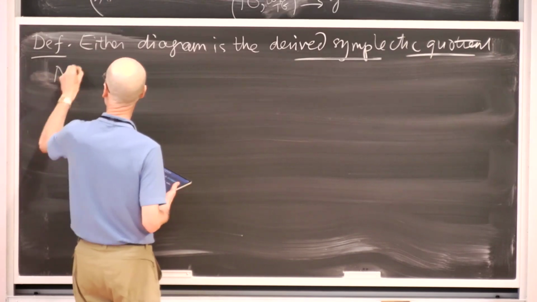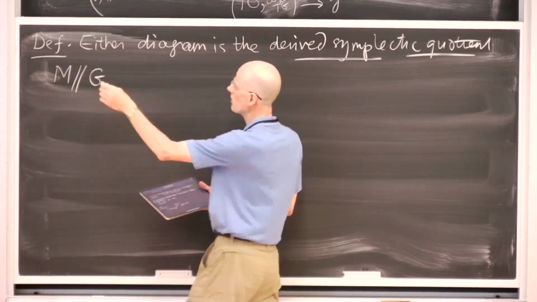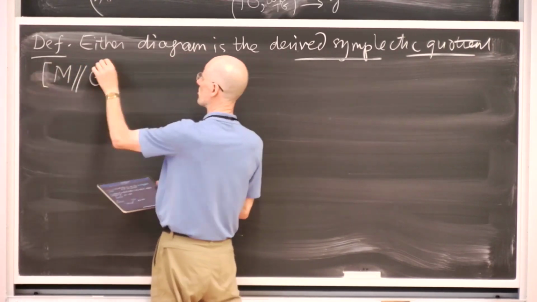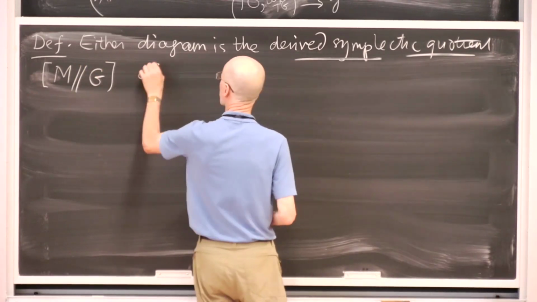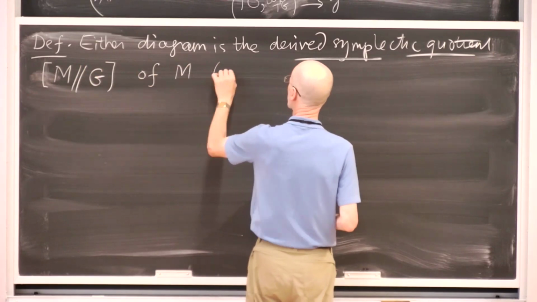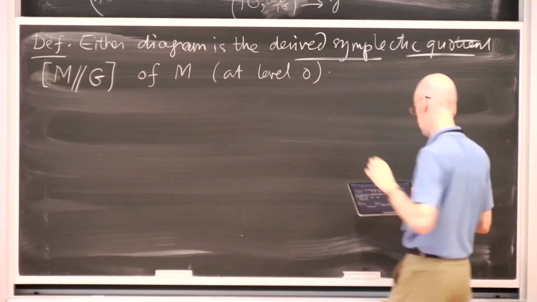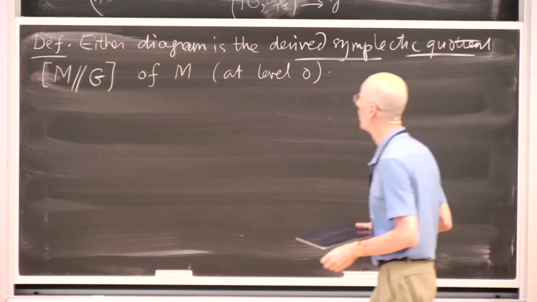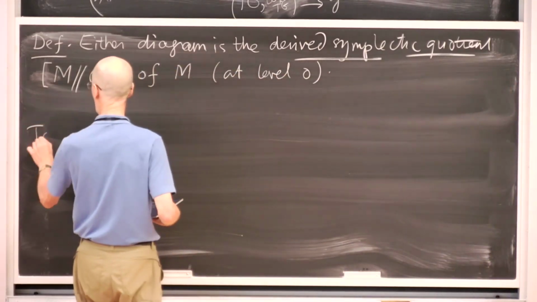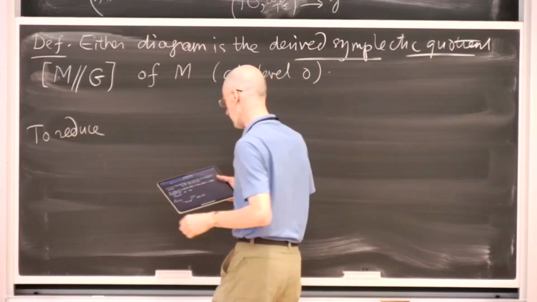Let me denote it by M mod mod G. It's a habit people have of putting brackets around something if you regard it as a stacky object, M at the zero level. You can also reduce at levels other than zero. That's a slight modification of either diagram.